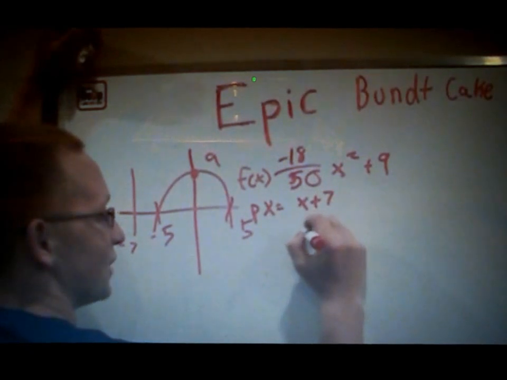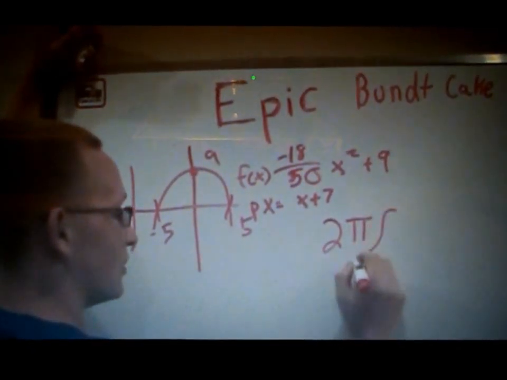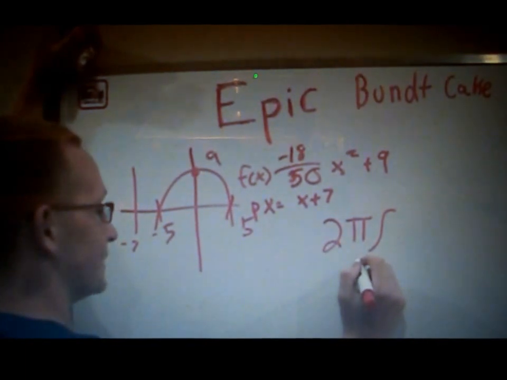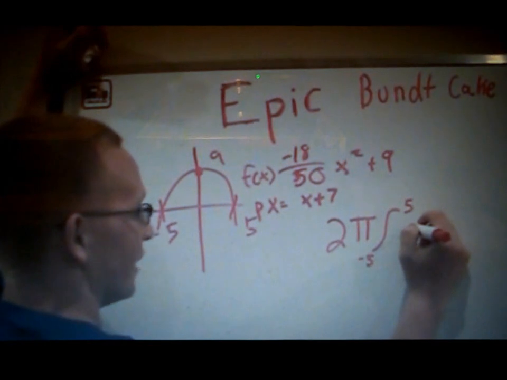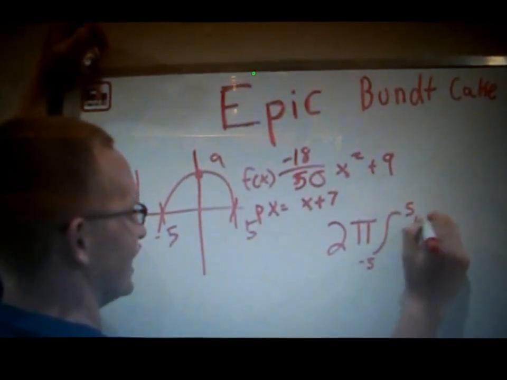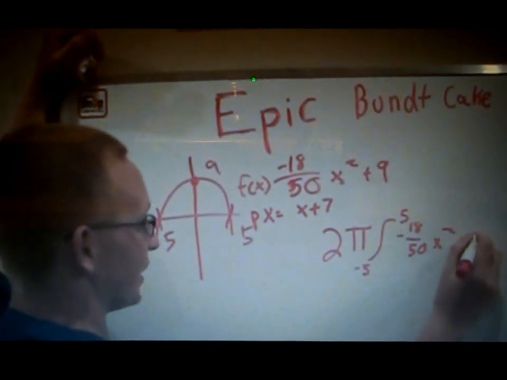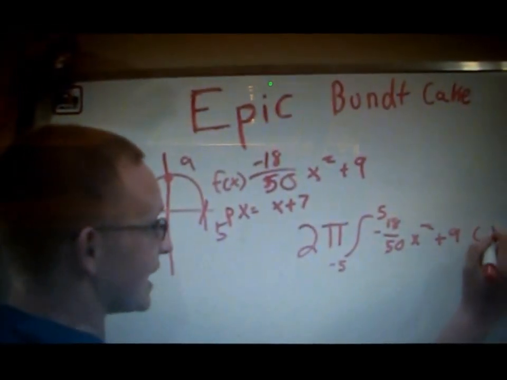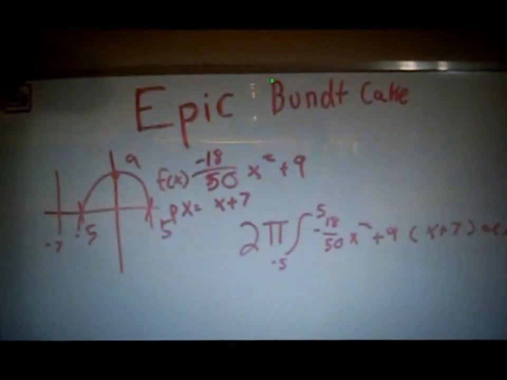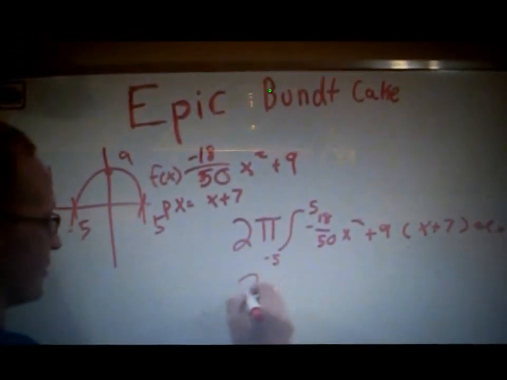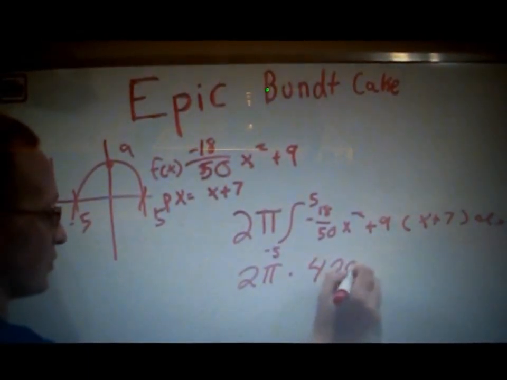So when you plug that into your shell method, you get 2 pi, the integral. When you solve that whole thing through, you get 2 pi times 420.